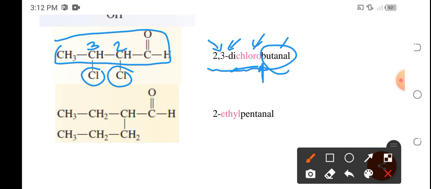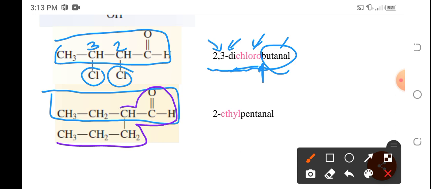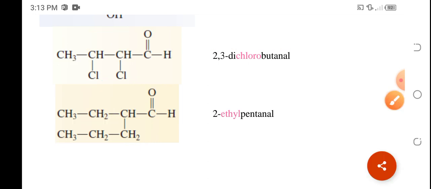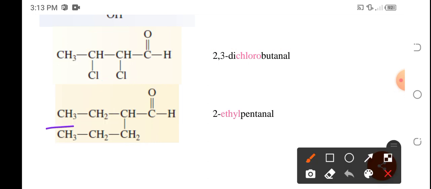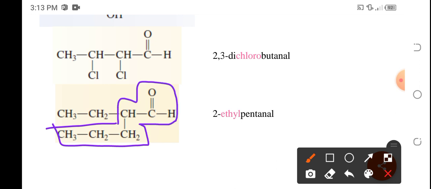Okay. Next would be, if we're going to look for the longest chain, it could either be this one or this one. Okay, so for the blue one, we have 4 carbon atoms. For the second choice, we have 5 carbon atoms. So therefore, pipiliin natin yung 5 carbon atoms because as a rule, we have to choose a parent chain that includes the carbonyl carbon and it has the longest number of carbons.